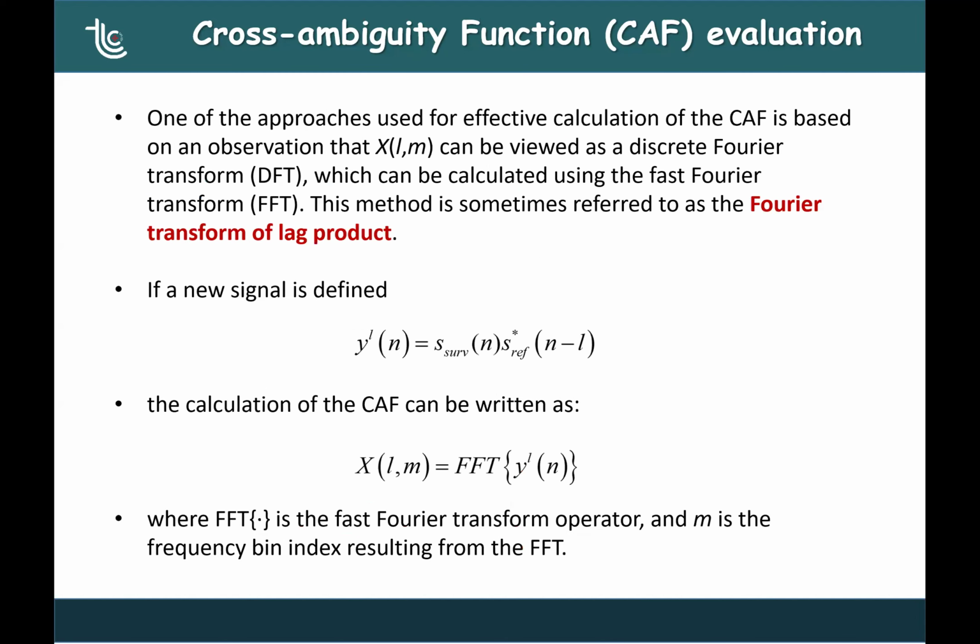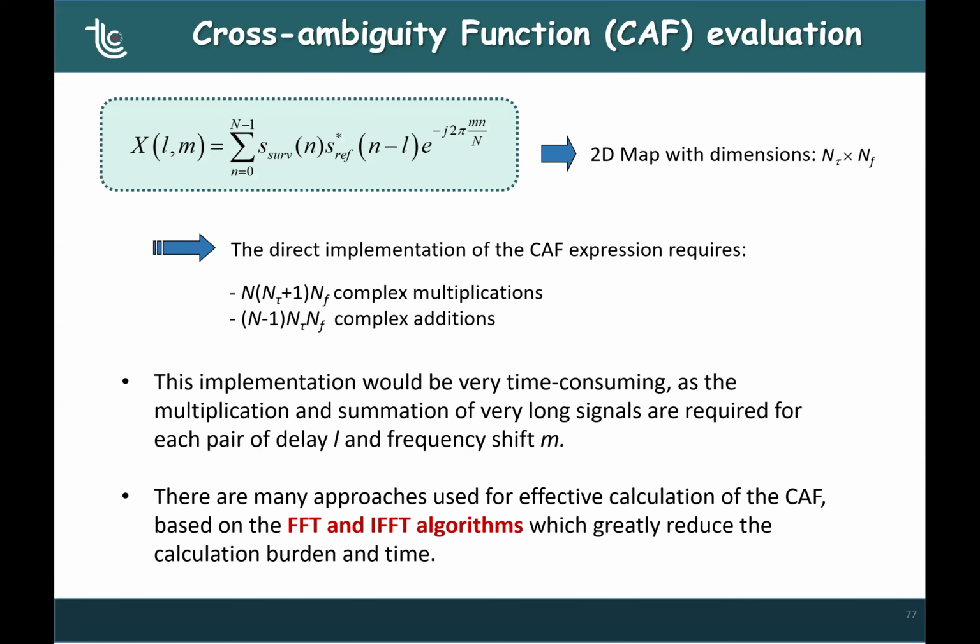Let's see how. So one of the approaches is to observe that the ambiguity function can be viewed as a discrete Fourier transform, DFT, and then it can be calculated using the fast Fourier transform. Let's go back to the definition.